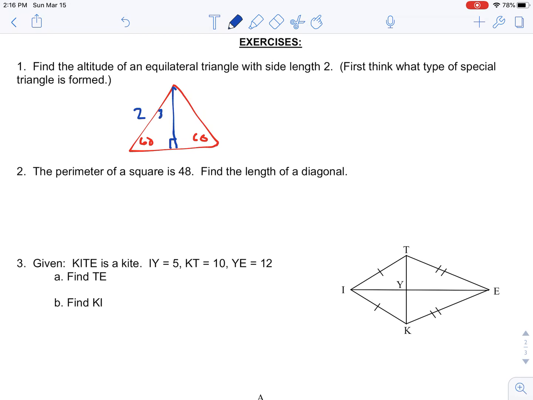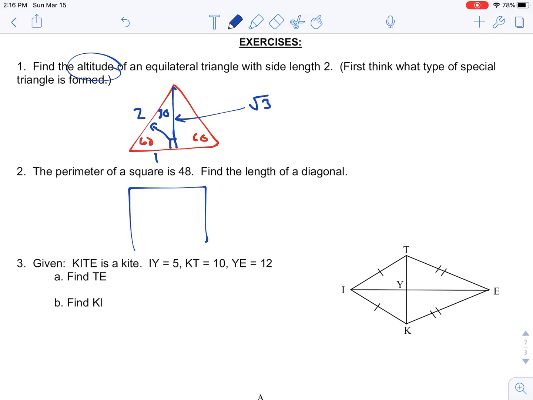So each of these little triangles is a 30, 60, 90 right triangle, where the hypotenuse is equal to 2. So that's my 2x side. My x side is half of that, or 1. And my side that's opposite the 60 is going to be x, which is 1, times the square root of 3. So it's just the square root of 3. And that would be the altitude.